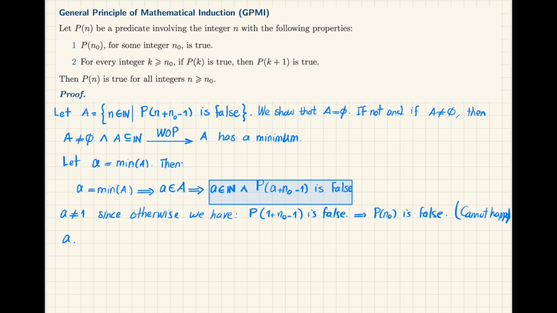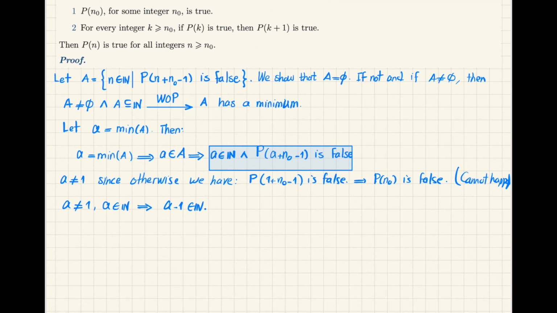Okay, so this is the reason that a is not equal to 1. a is not equal to 1, and you are telling me that a is a natural number. So I immediately conclude that a is greater than 1, and so a minus 1 is a natural number.